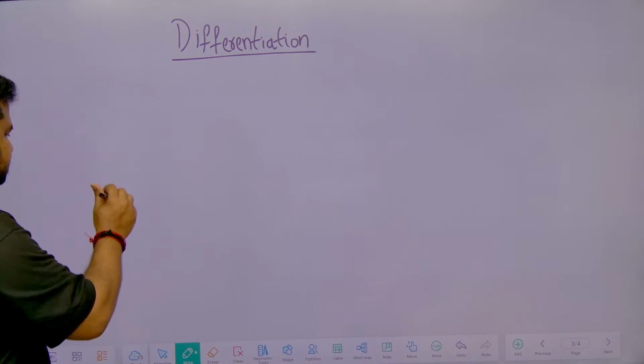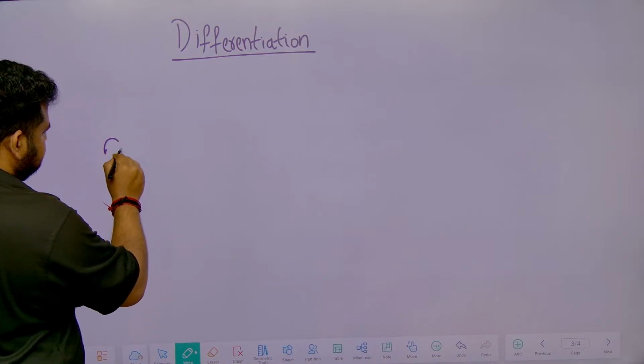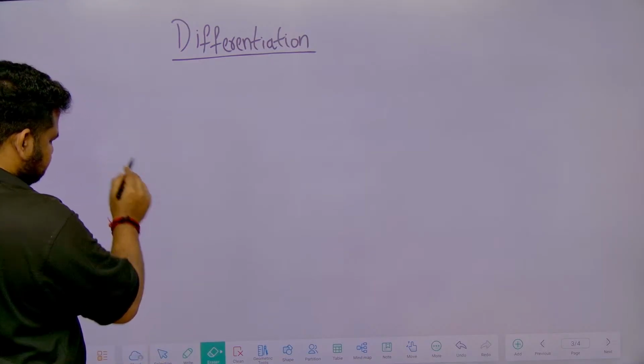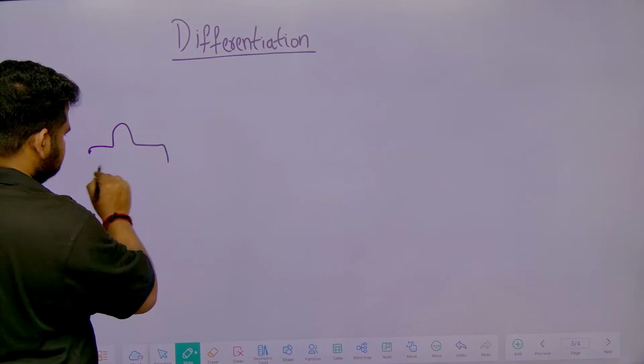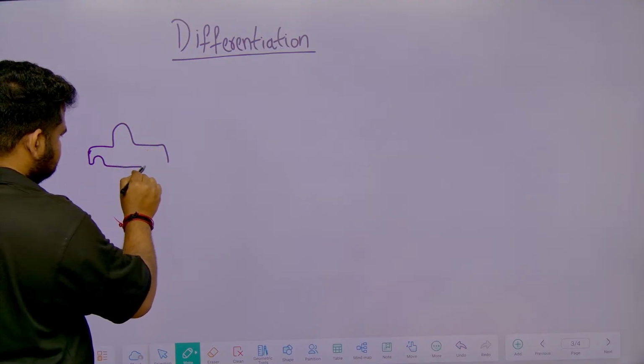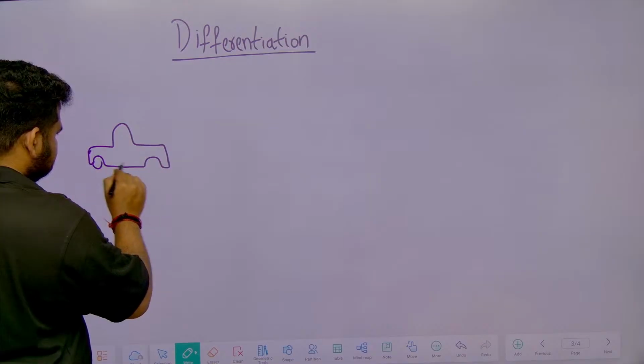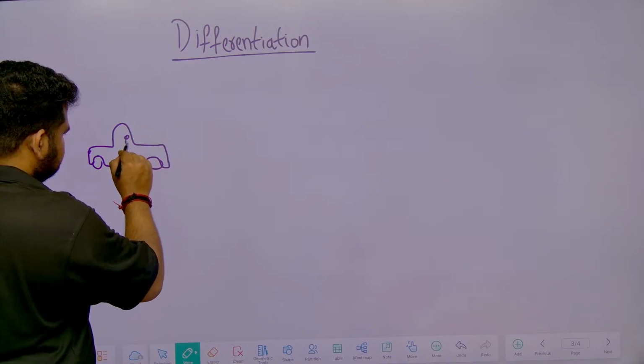Now suppose you think that there is a car. Think that there is a car here.